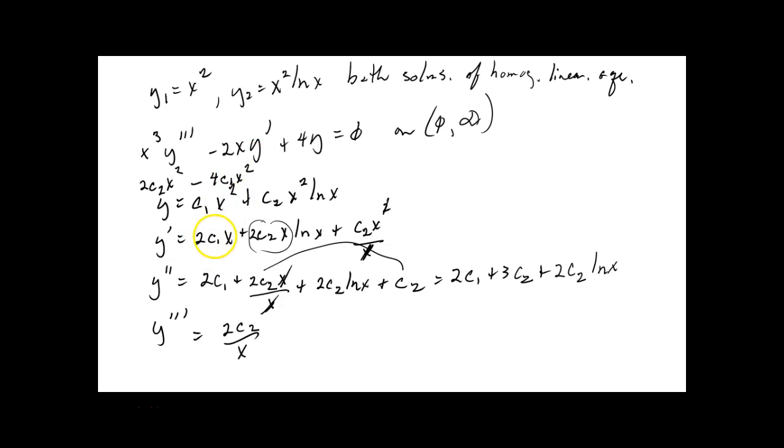That's the first term. Minus, because all these are plus signs here, plus 2 times 2 is 4 again, c2, and we have an x times x is x squared, and then a log x.